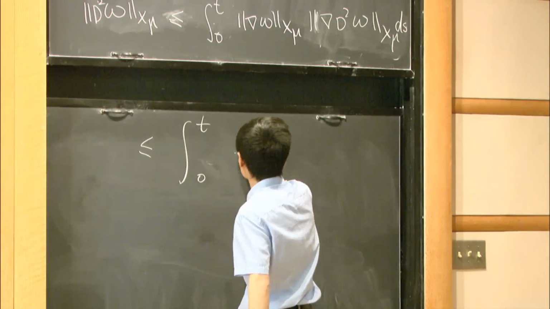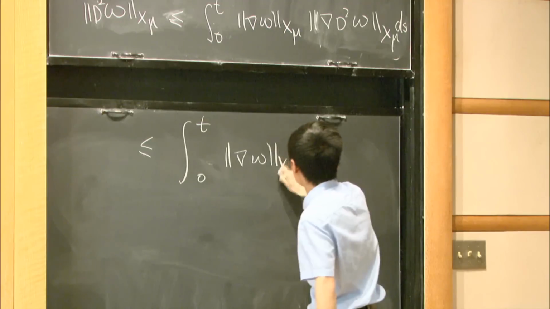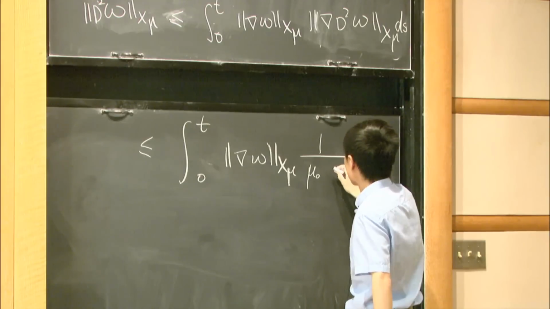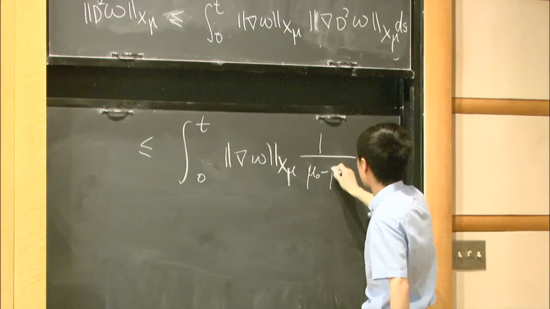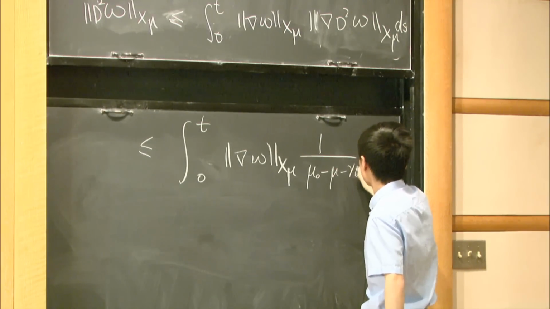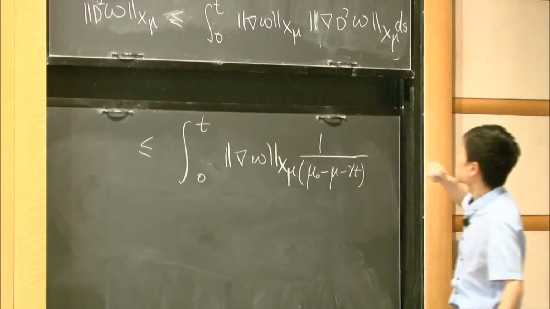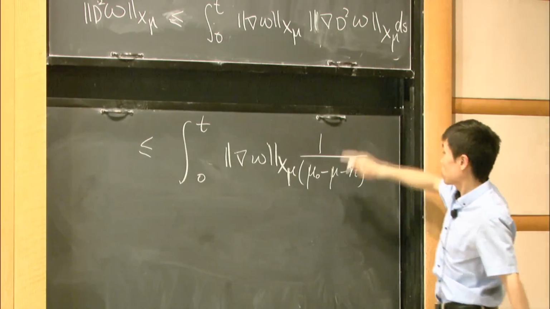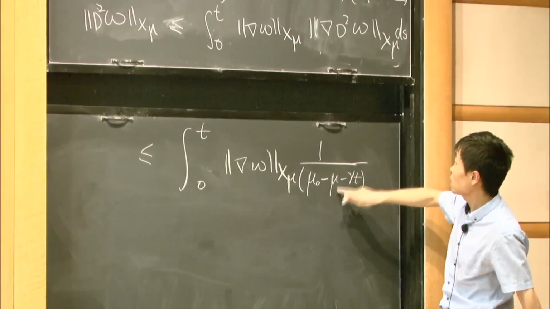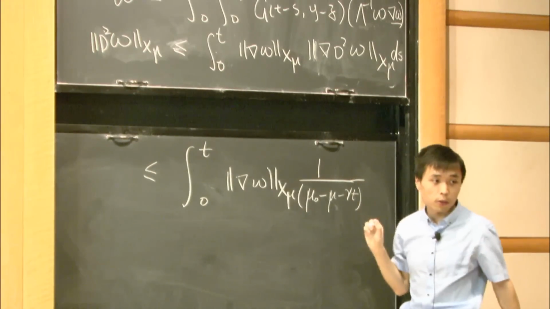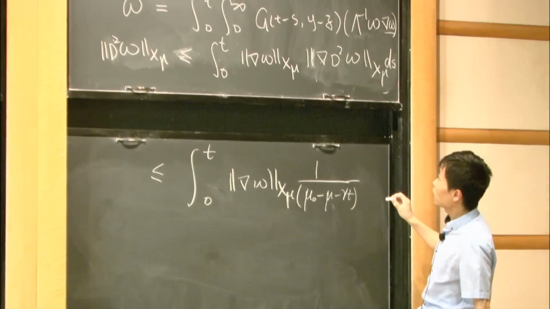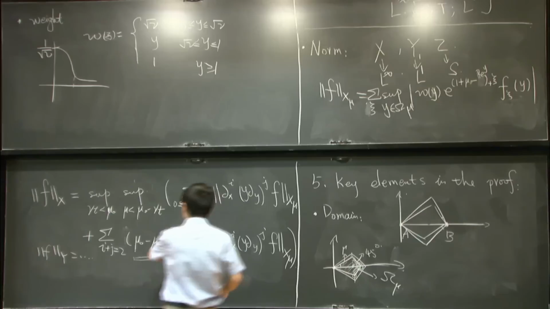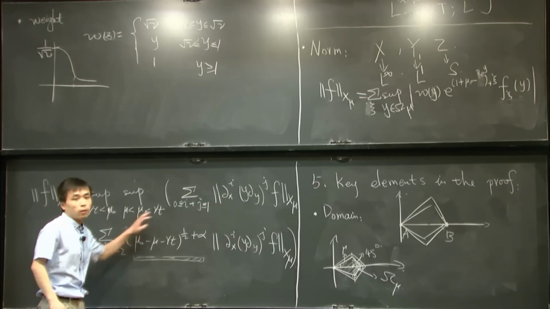What we have is gradient omega in the X_mu norm, times 1 plus mu naught, over mu naught minus mu minus gamma t. You have this one derivative recovery, so you can factor this and get rid of the derivative. Remember the X norm has a weight here.